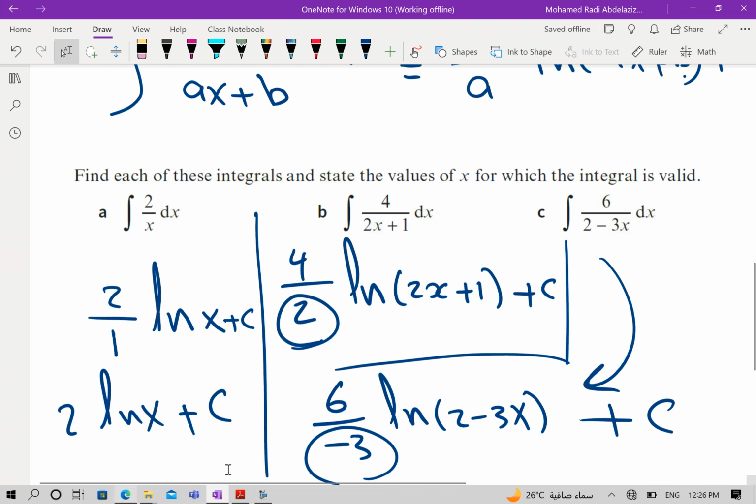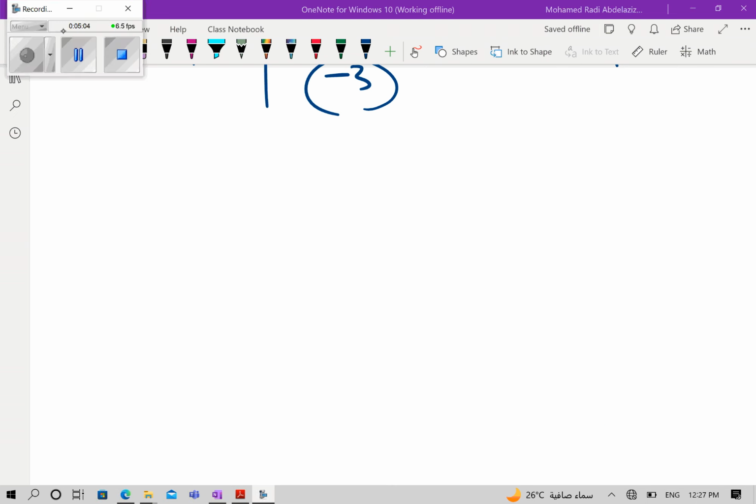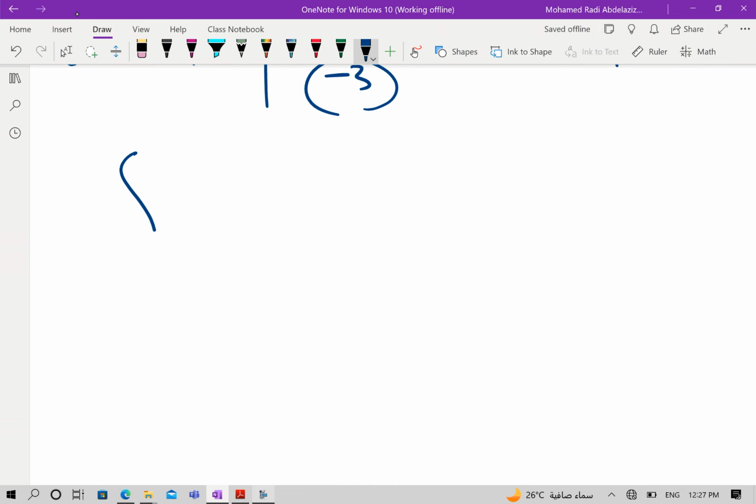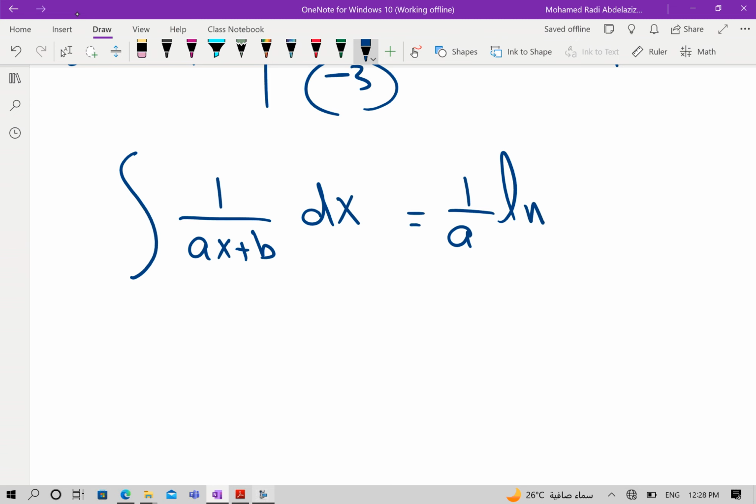It's correct. In general, integrate 1 over ax plus b by dx is 1 over a, then ln ax plus b, then plus c.